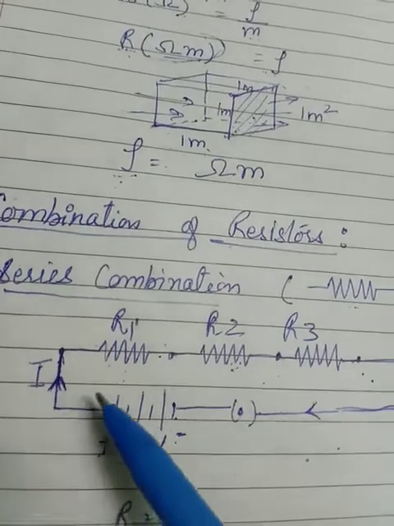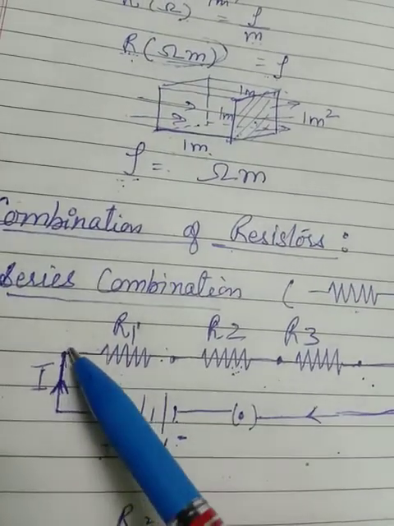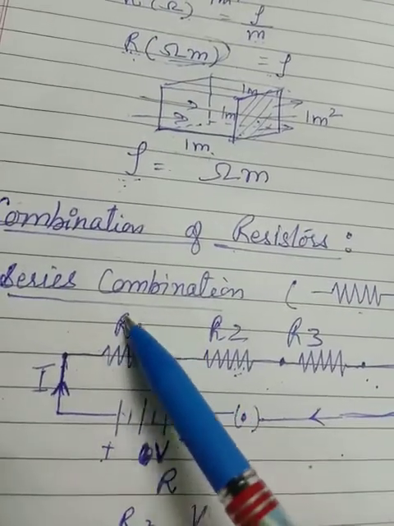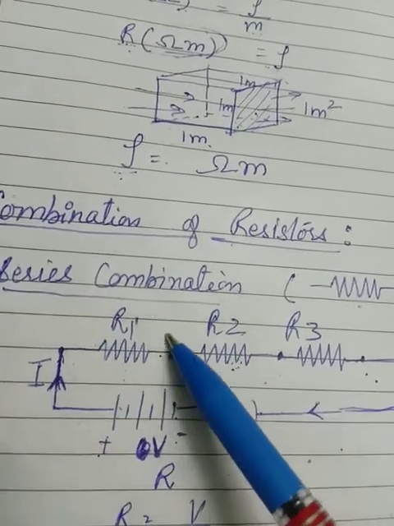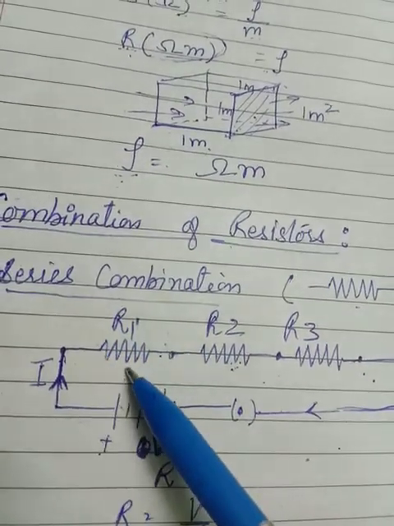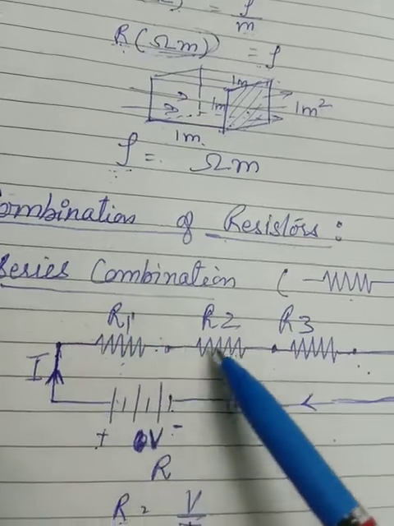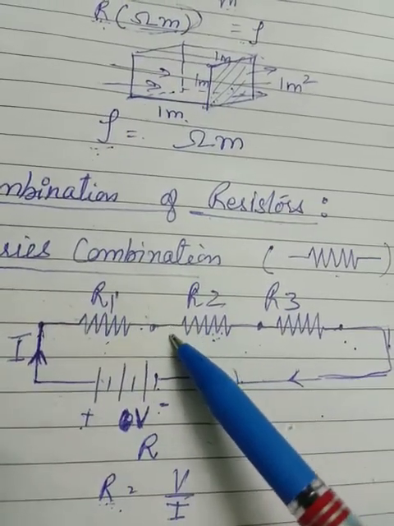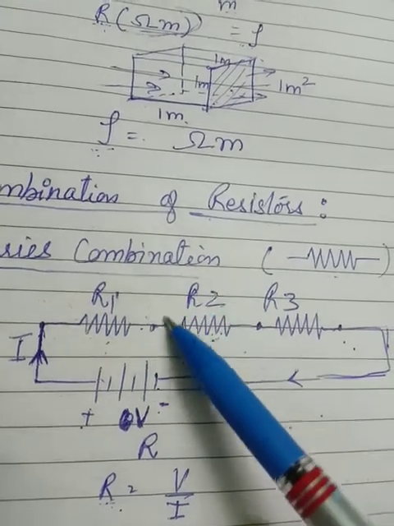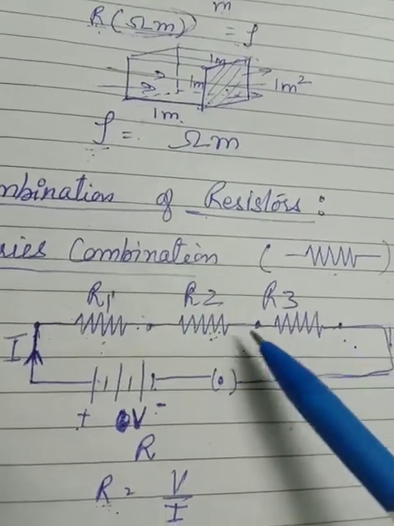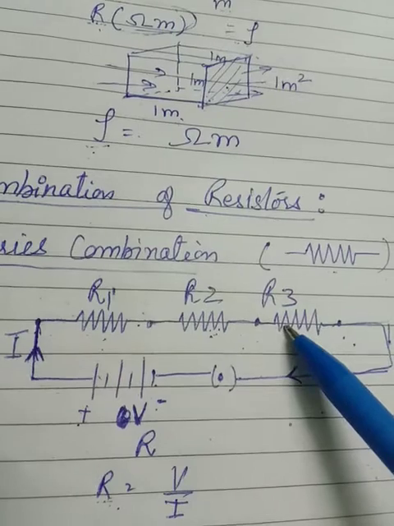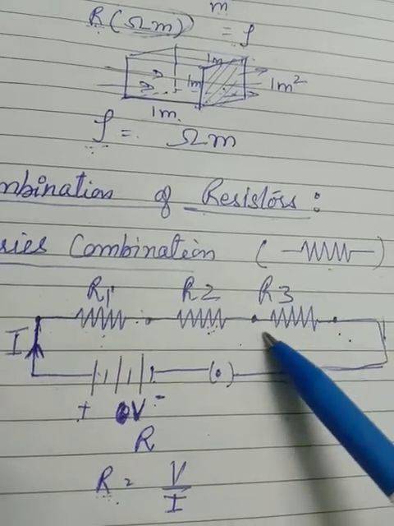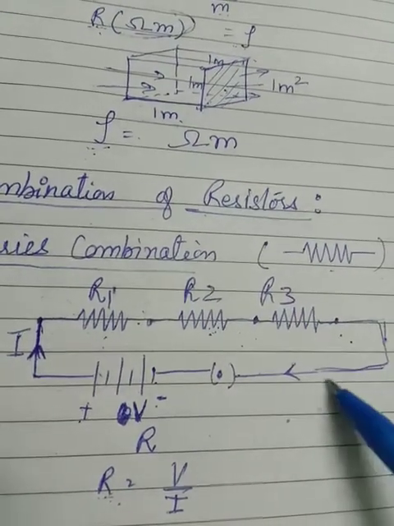In the same manner, whatever energy this current I has, some of that energy is consumed by the first resistor. Then it will move through with the remaining energy, and some of that energy is consumed by R2. Then it will move through R3, and the rest of the energy will be consumed by resistor 3.